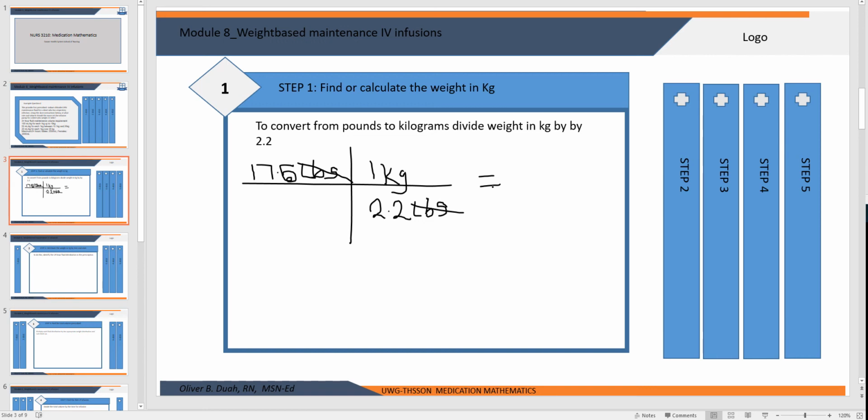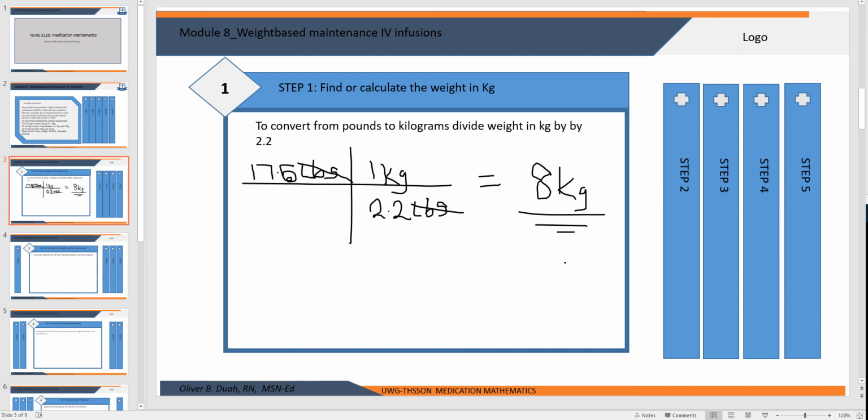Let's use our calculator and find out what that amounts to. 17.6 divided by 2.2 gives us 8 kilograms. So our first step is done.